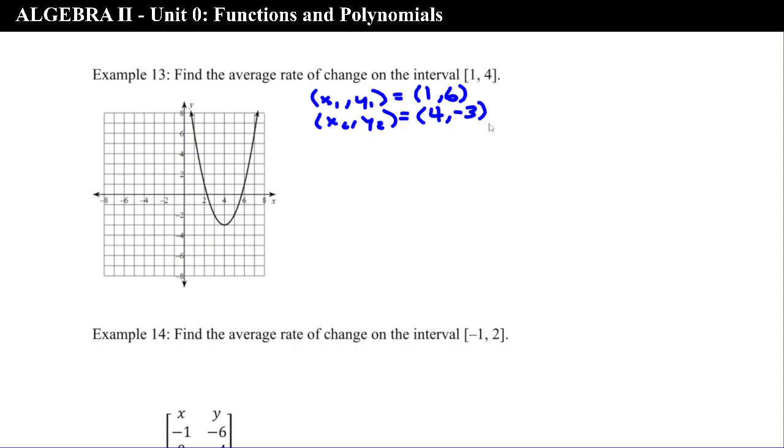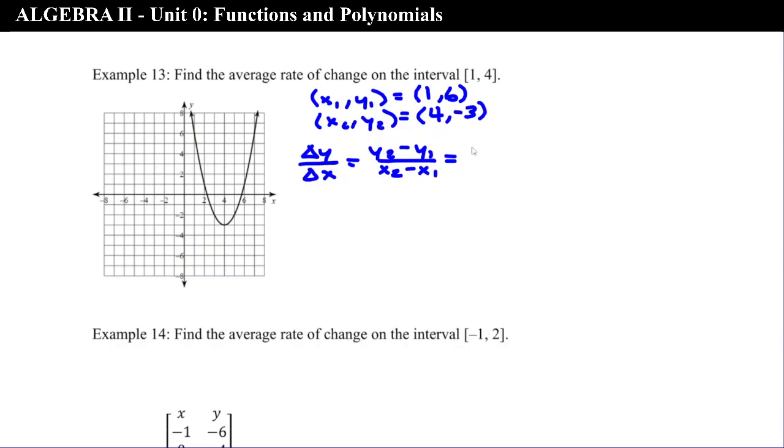Now we have all the information we need to be able to calculate the average rate of change. So we have delta y over delta x, which again just means y2 minus y1 over x2 minus x1. And when we do this, we're just going to plug things in.